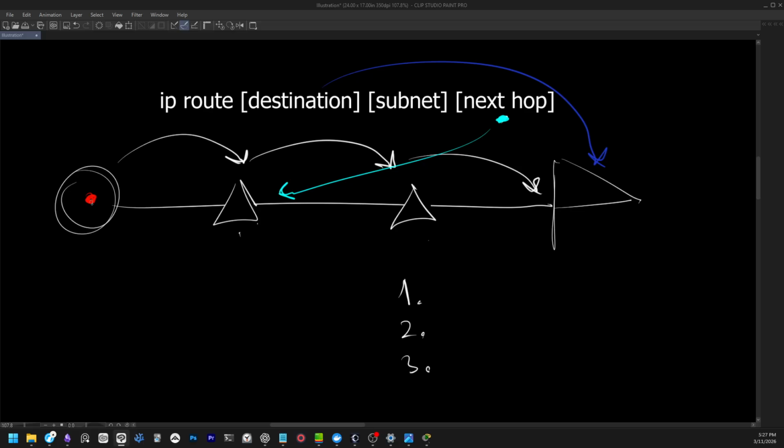If the data packet is right here and we're sending it to this router, what is the next step that this router should take this data packet to? This one, and that's essentially what next hop is. Really bad drawing. Next hop is basically the next step in the process of actually delivering that packet.